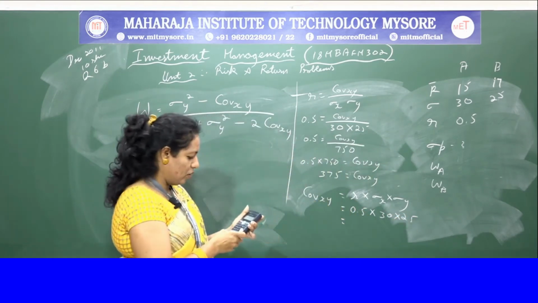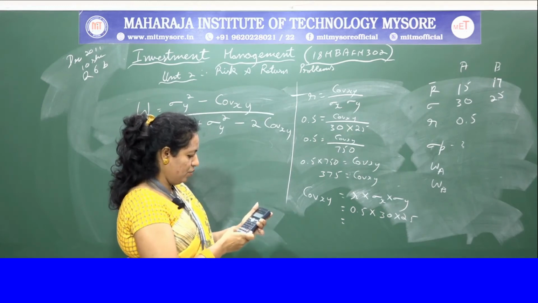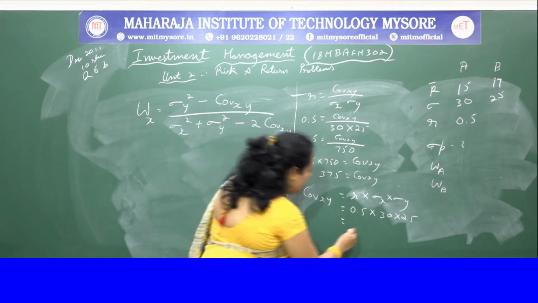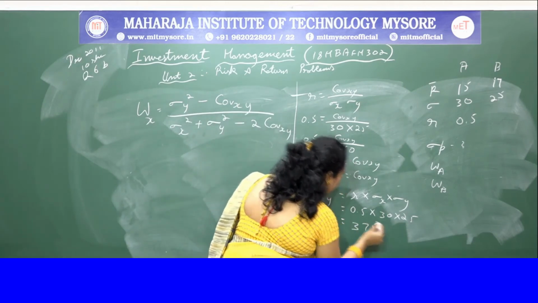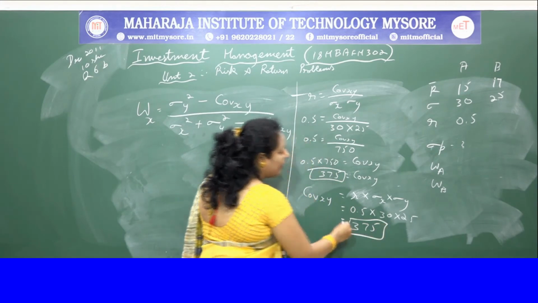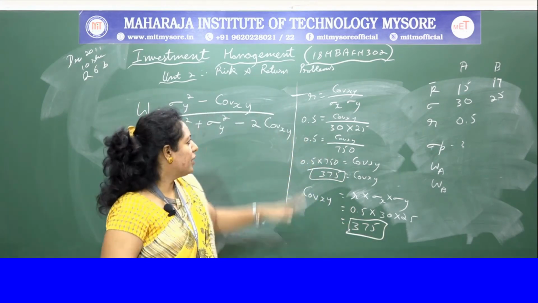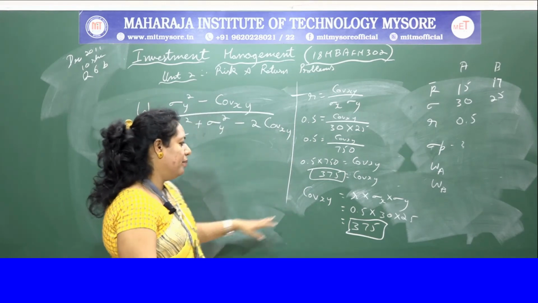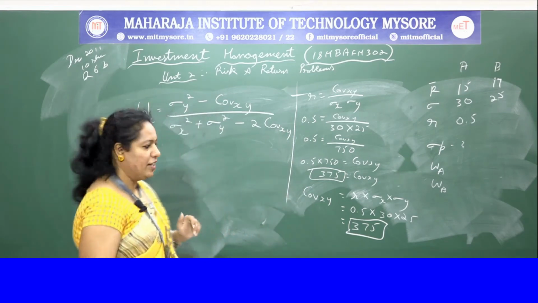Let's multiply all three: 0.5 into 30 into 25 gives 375. You can compare and see that both give the same answer. So you can use either formula, it is your choice.